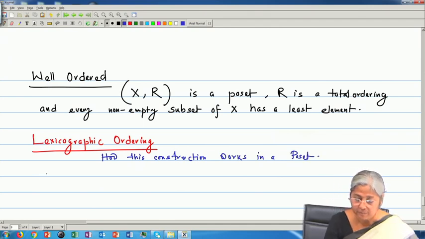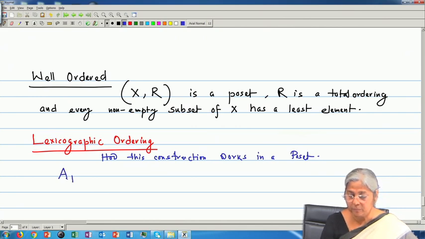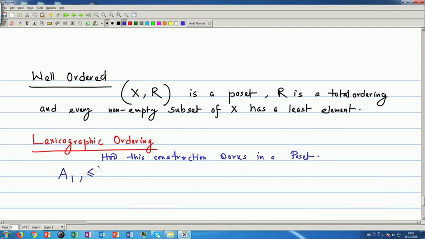So, say I have a poset A1 with less than equal to, I have another poset A2, then I can take the Cartesian product of these posets, because finally these are all sets with some relation.